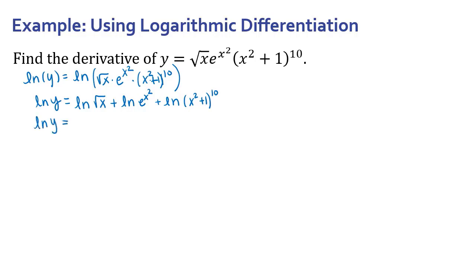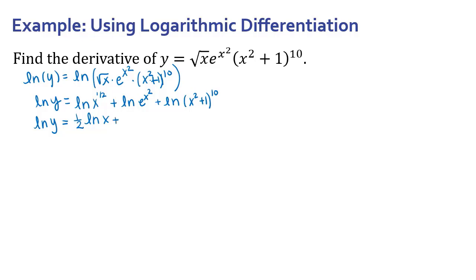So remember that the square root of x is the same thing as x to the 1/2 power. So I can move that 1/2 out in front, and this becomes just 1/2 times the natural log of x.